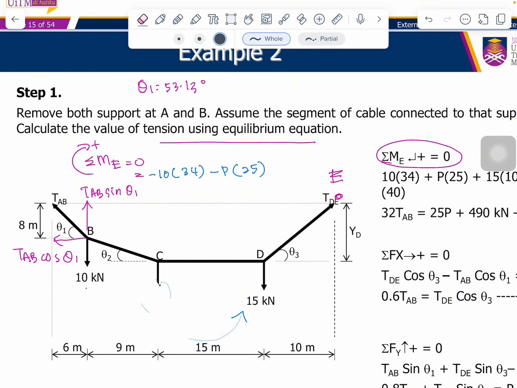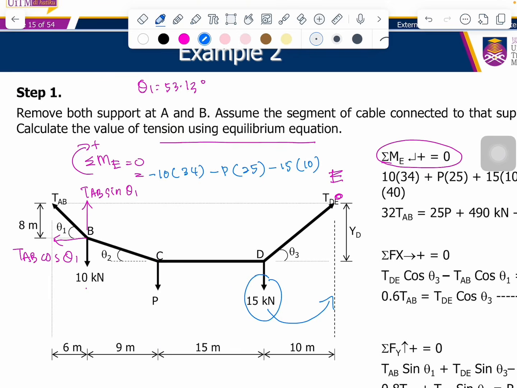And then next is the point load at D. The value is 15 kilonewton, and this load rotates anticlockwise about E, so minus 15 times 10 meter. Then we look at the vertical component, TAB sine theta 1.